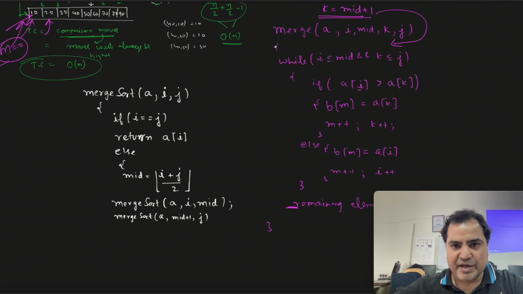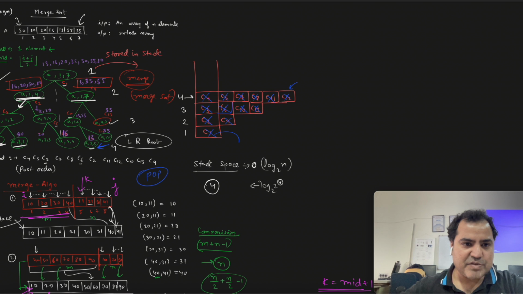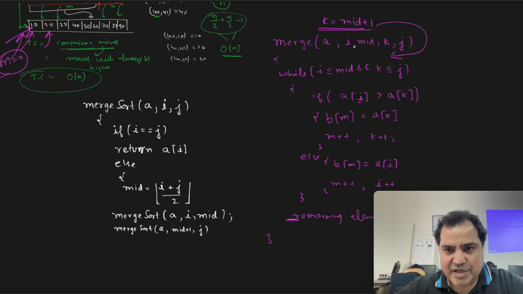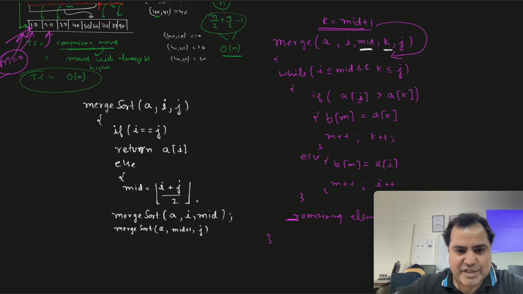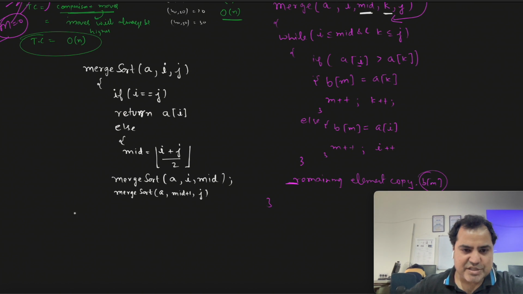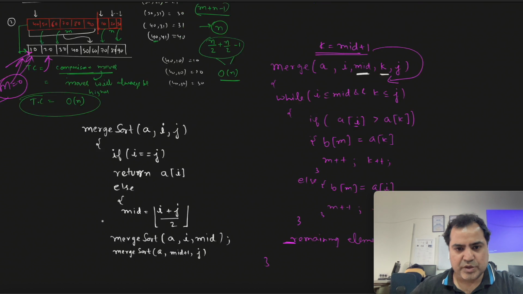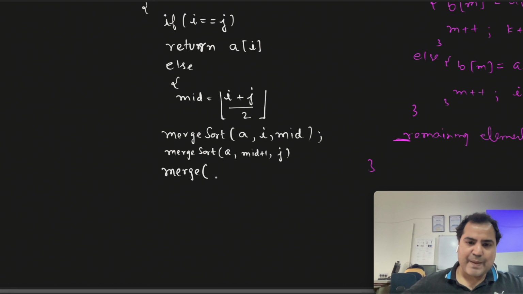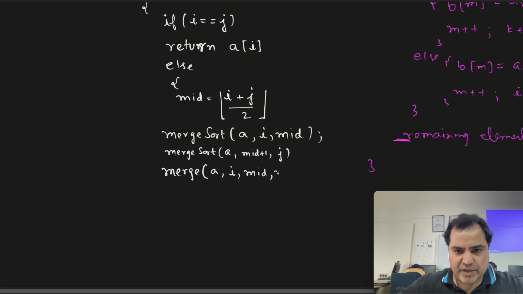After all this process has been completed, what we will do is merge. After dividing, we have to combine using the merge step which we saw in the last lecture. So this merge step has been implemented like this: I, this is mid, and k is mid plus 1. So we will call this merge algorithm here, which we have seen earlier, with the parameters A, I, mid, mid plus 1, till j, right?